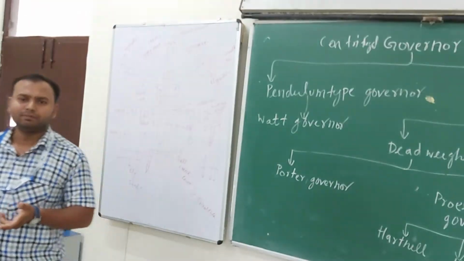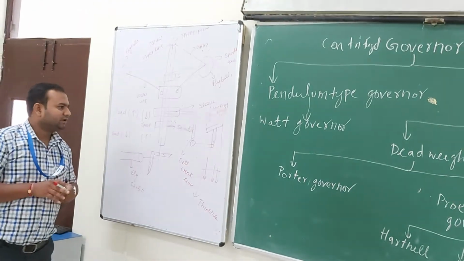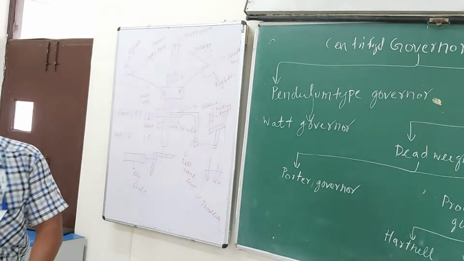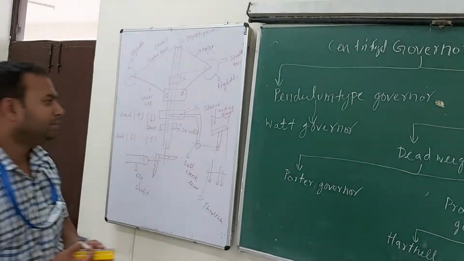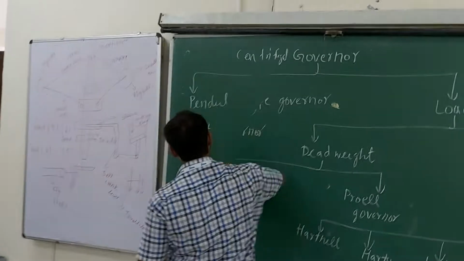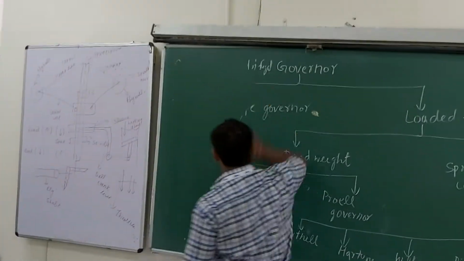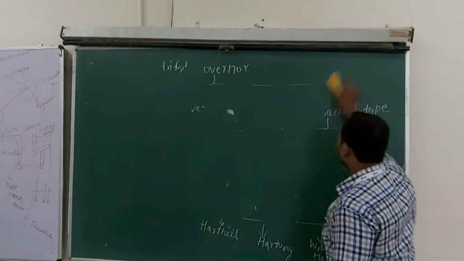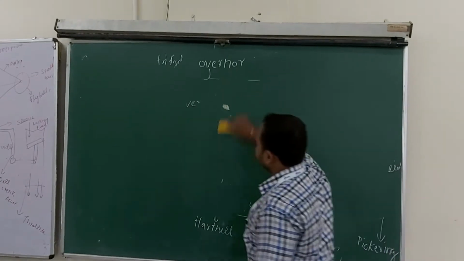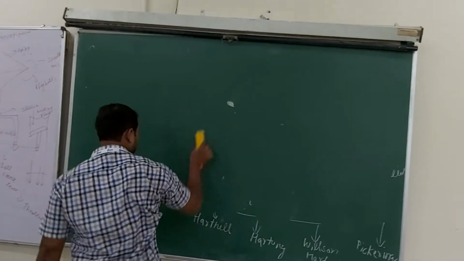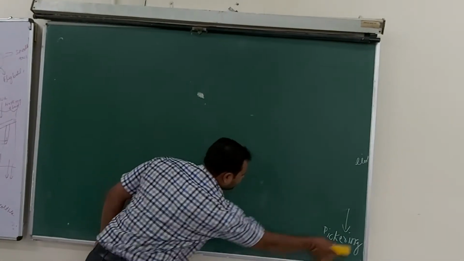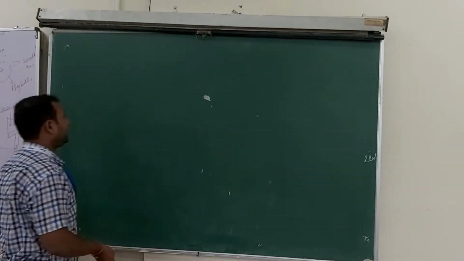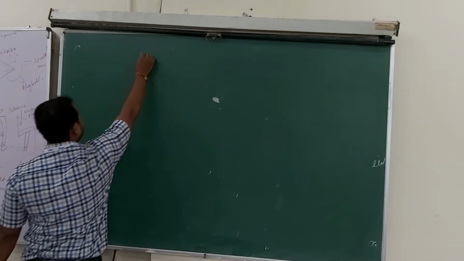First we draw a diagram to understand what maximum and minimum equilibrium speed are. These are the basic terms we use in governors. The first term is the height of a governor.